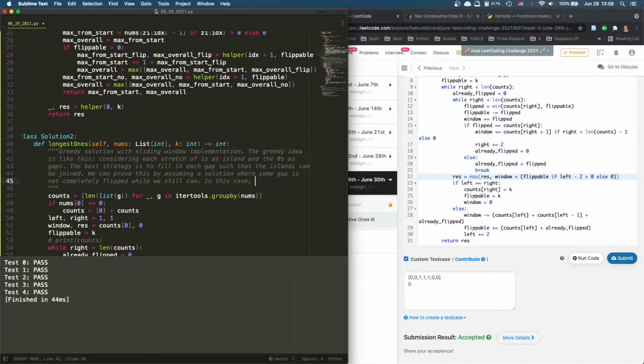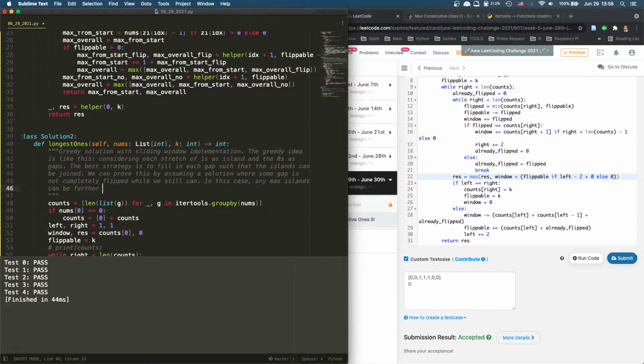In this case, any max island can be further extended by flipping the zeros on its edge.